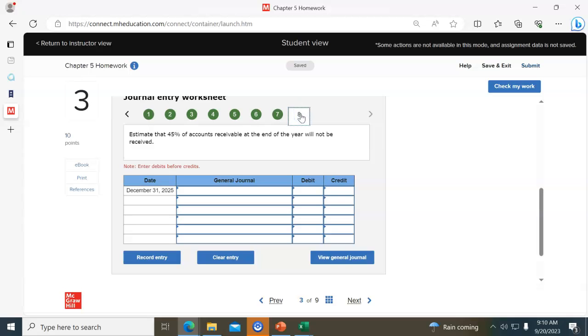Estimate that 45% of accounts receivable at the end of the year will not be received. Okay, here's the trick. In 2025, we had sales of 56,000, didn't we? Right? We collected 45.